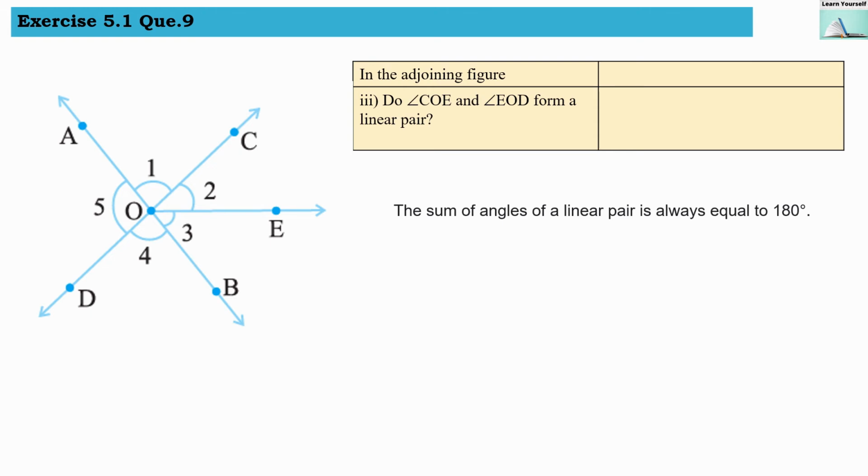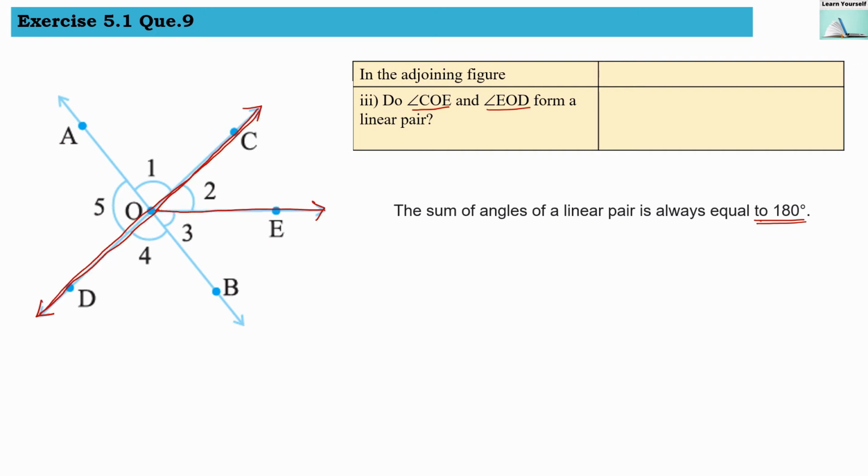Next question is, do angle COE and angle EOD form a linear pair? Now what is the meaning of linear pair? Linear pairs are angles formed on a straight line, and the sum of the angles of a linear pair is always equal to 180 degree. So we have to check here whether these two angles are on a straight line or not. So let us locate COE.